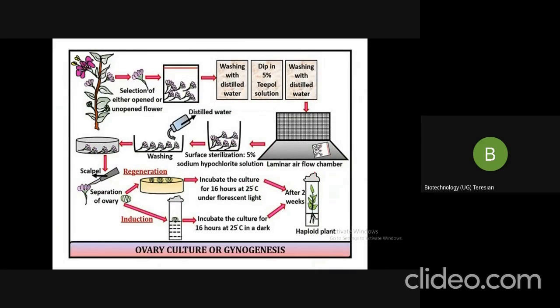During the isolation of pistils, care should be taken to ensure that the ovaries are not injured in any way. Damaged pistils should be discarded as they often form callus tissue from the damaged part. Wherever there is a damage, you know that it can lead to the formation of the callus.